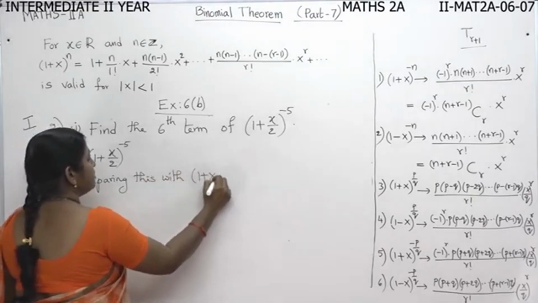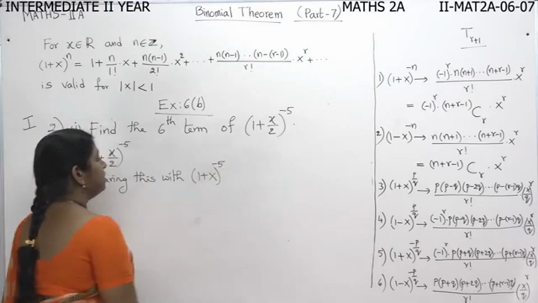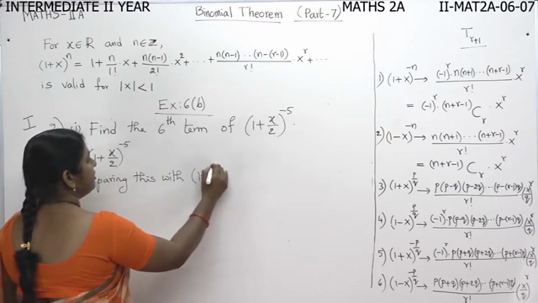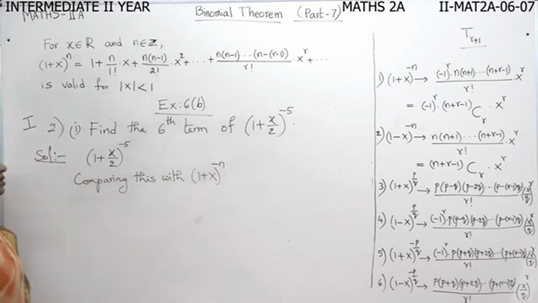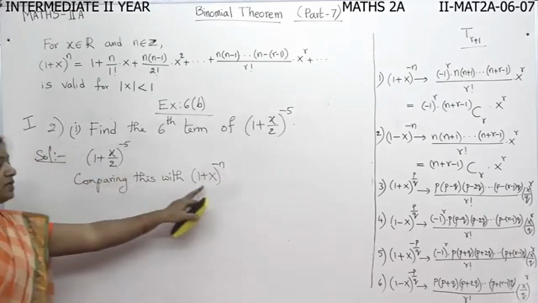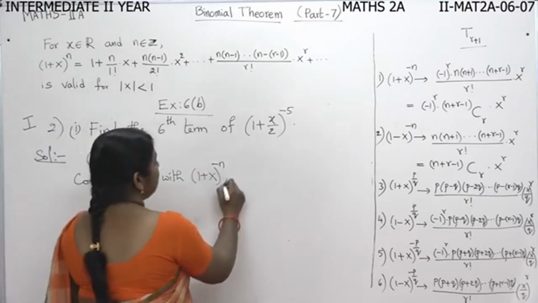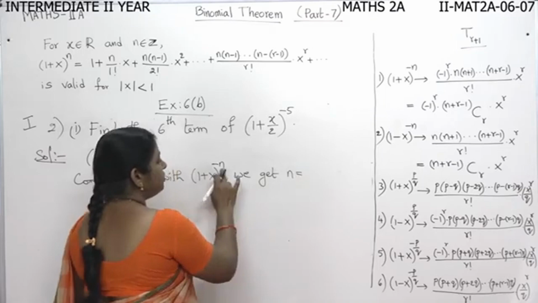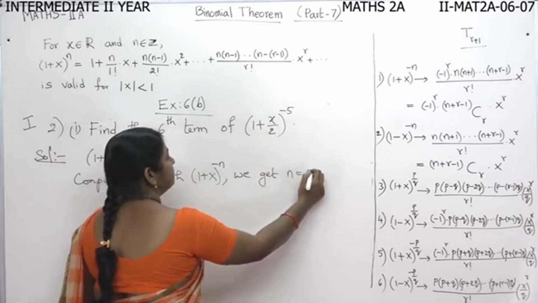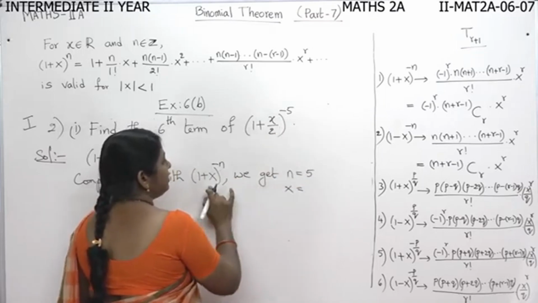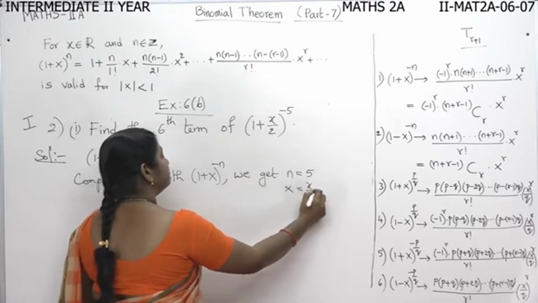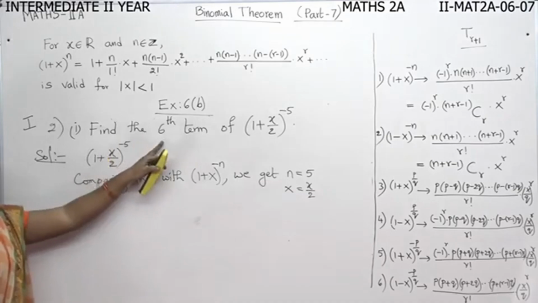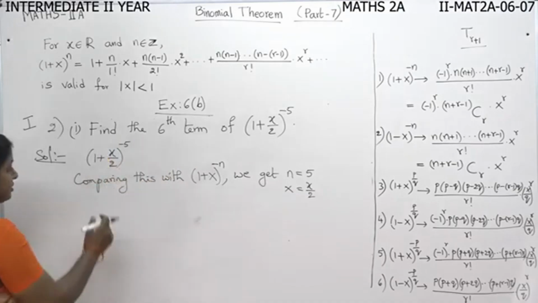Comparing this with 1 plus x to the power of minus n, we get n is equal to 5 and x value is x by 2. What we have to find is the sixth term in this expansion.